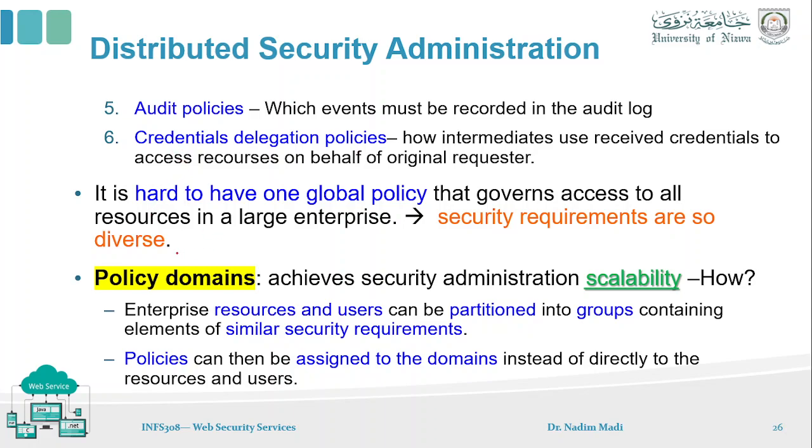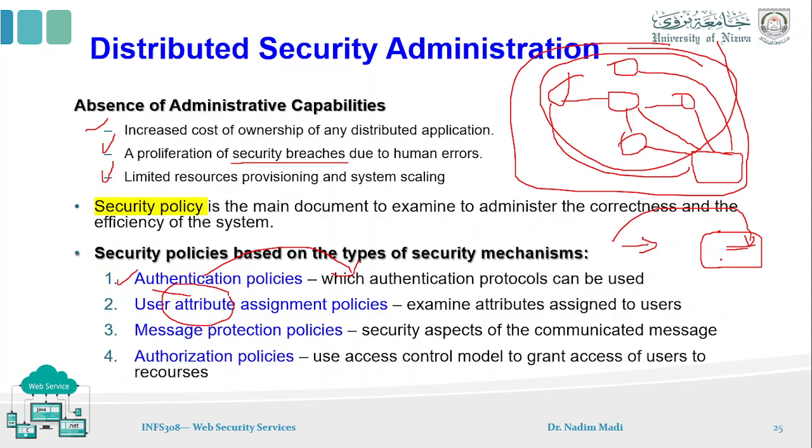Okay, so what you need to observe here is that it is very hard to have one global policy which can govern all the access to the resources. It's almost impossible to have all these policies gathered in one document that can give the access.